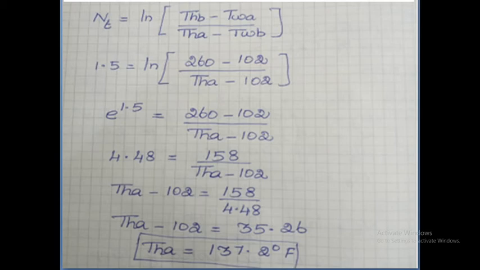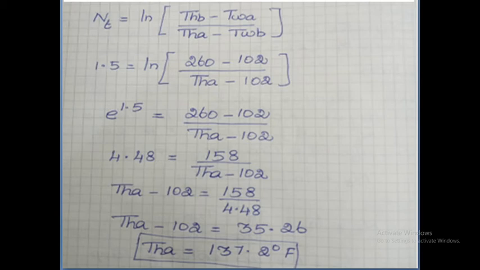For this case, NT is the assumed value for design calculation for an adiabatic rotary dryer. So 1.5 is equal to ln of (THB, the given data, the hot air entering temperature 260 degrees Fahrenheit, minus TWA). TWA is equal to TWB, the value taken from the graph, 102 degrees Fahrenheit. THA is the unknown value. We are going to calculate the THA value. Are you clear or not?